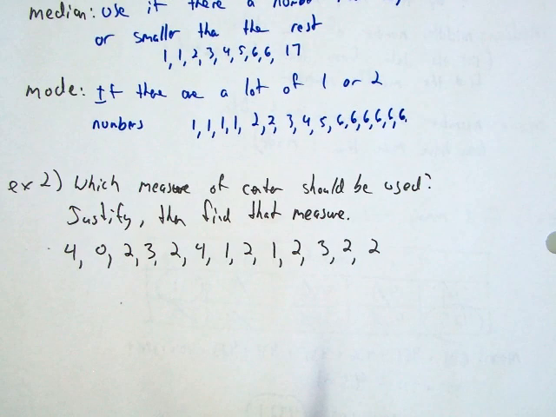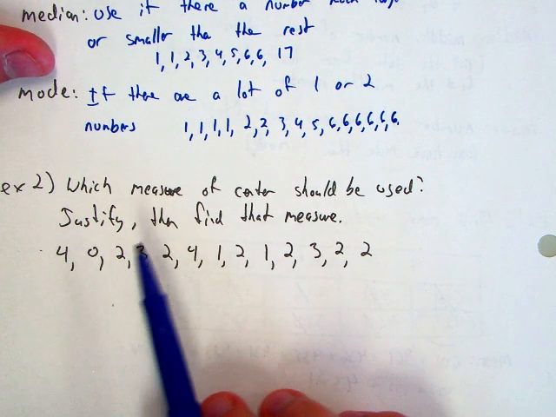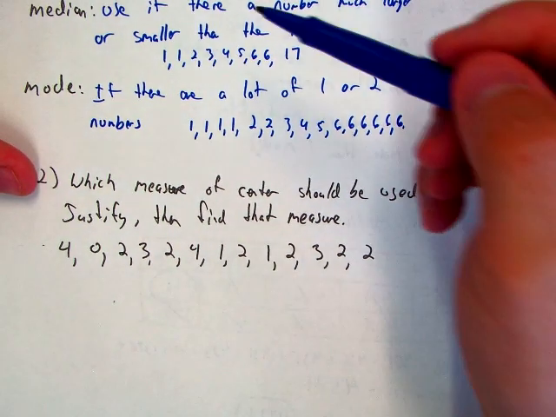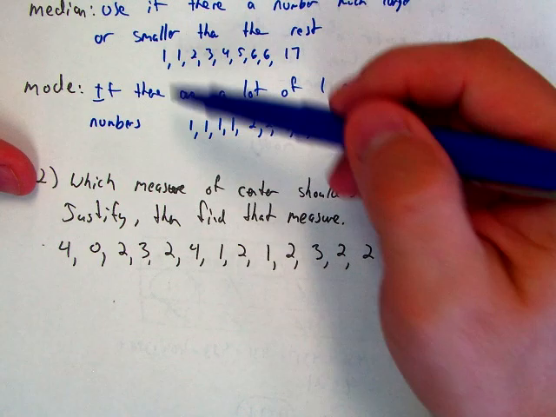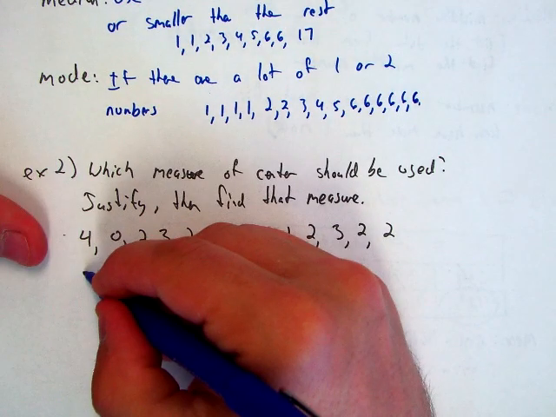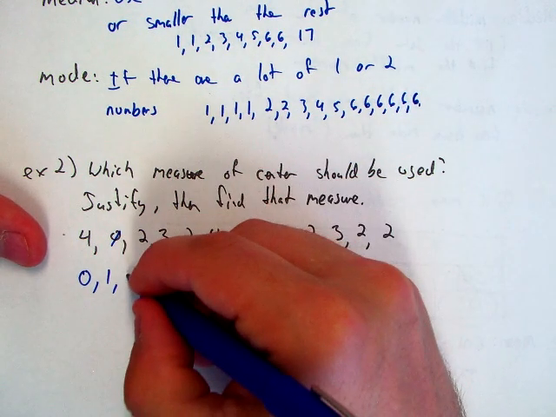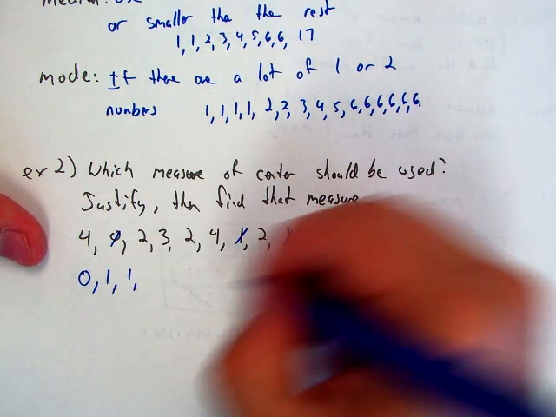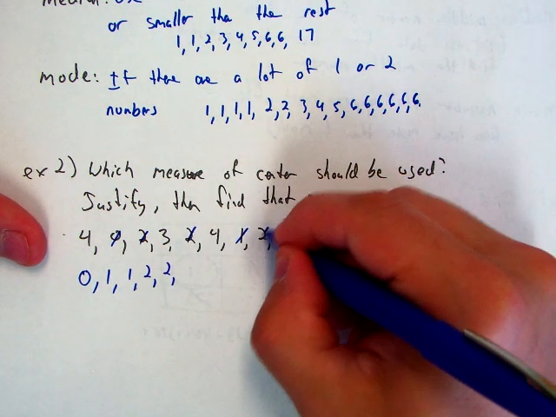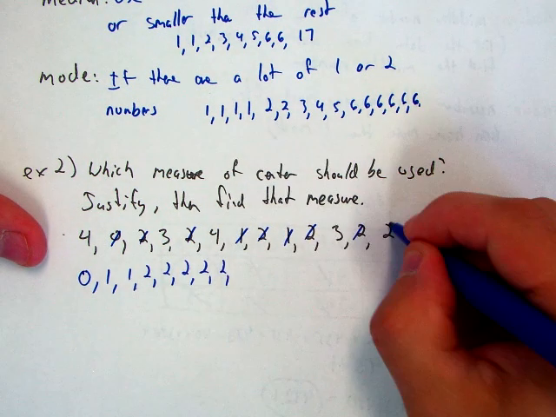So, example 2. It says which measure of center should be used, justify, and then find that measure. So, first of all, are all the numbers pretty evenly spaced? Let's first of all order these from least to greatest. So I got that 0, got a 1, here's another 1, that's all the 1s. Okay, here's a 2, here's a 2, here's a 2, here's a 2, here's a 2, and here's a 2.